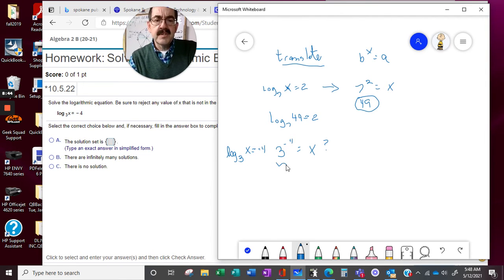Well, let's try to do this off the top of our head. Bring that downstairs to make it a positive exponent. 3 to the 4th power, 3 times 3 times 3 times 3. 9 times 3 times 3. 27 times 3. 81. 1 over 81.